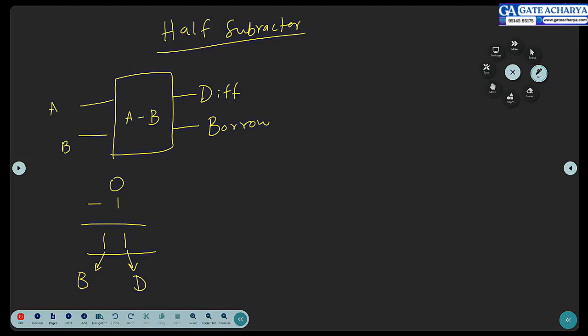So now from 1 1 if you subtract 1, what is the answer? From 1 1 if you subtract 1, the answer is 1 0. So that is for full subtractor. Yeah, I'm just telling you.